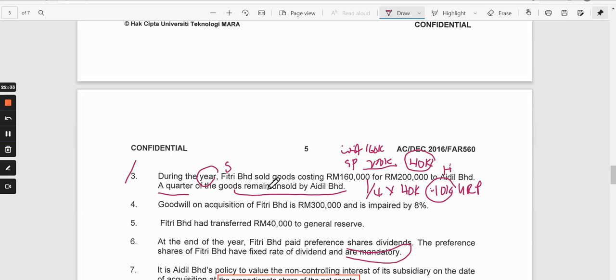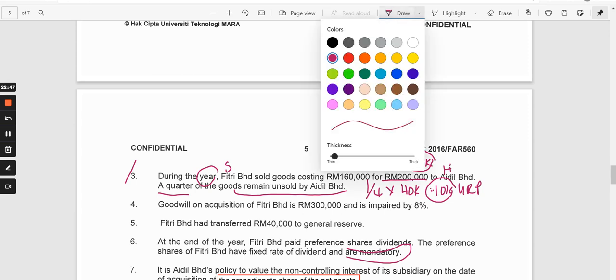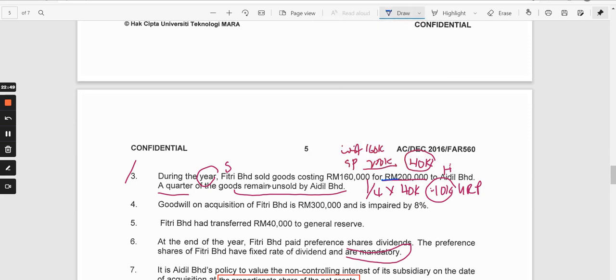So for this transaction, there are two things that you need to adjust. One is the intercompany sale itself, which is this 200,000. Another one is this 10,000 figure.